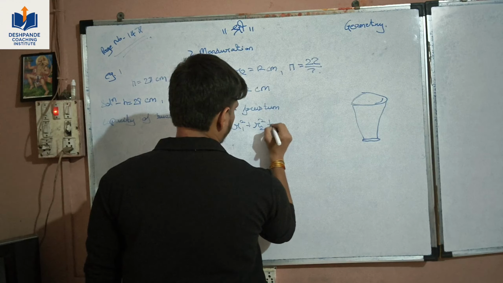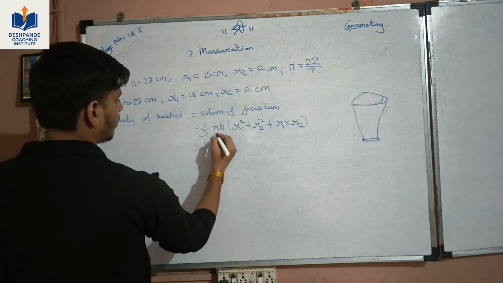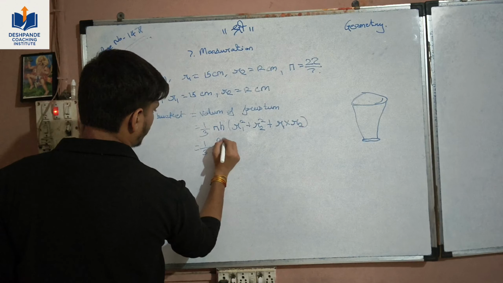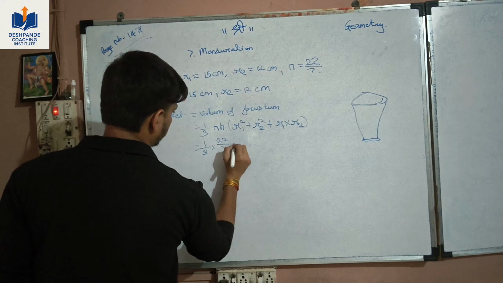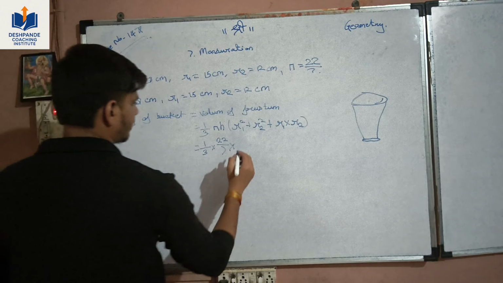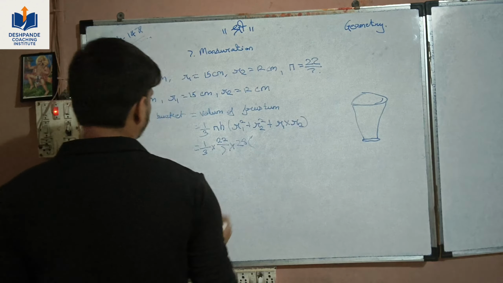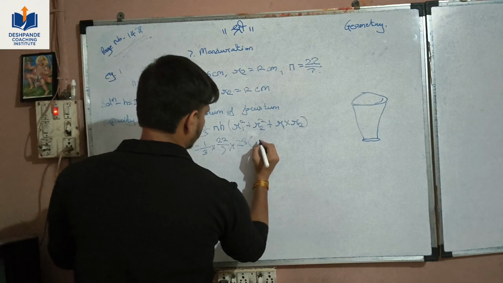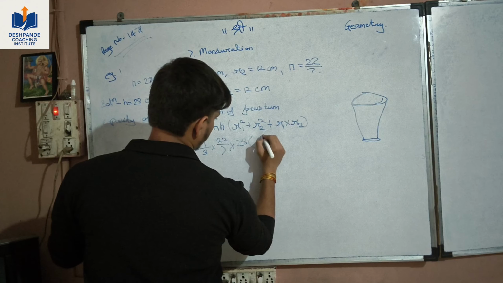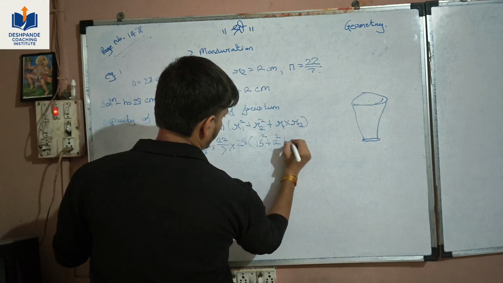So now we have to solve this. 1/3 will be as it is. The value for pi will be 22/7. The height which is given in the question is 28, so it will be as it is. And the value for r1 is 15. So 15 square plus 12 square plus 15 into 12.